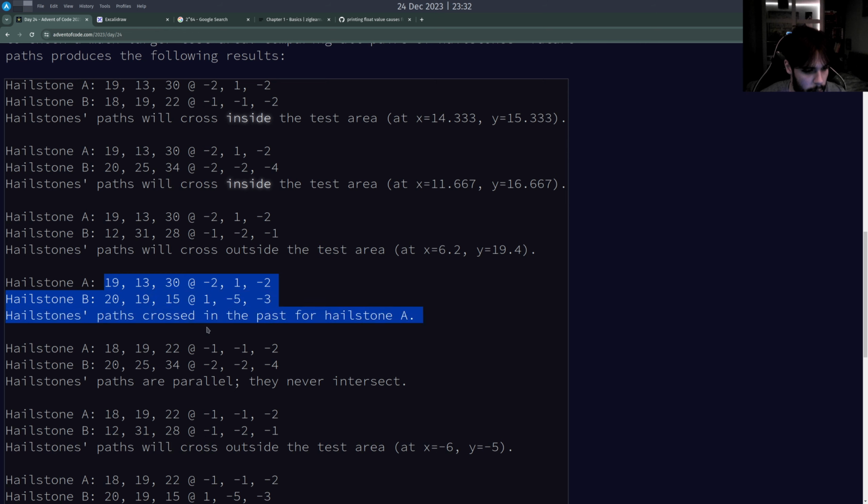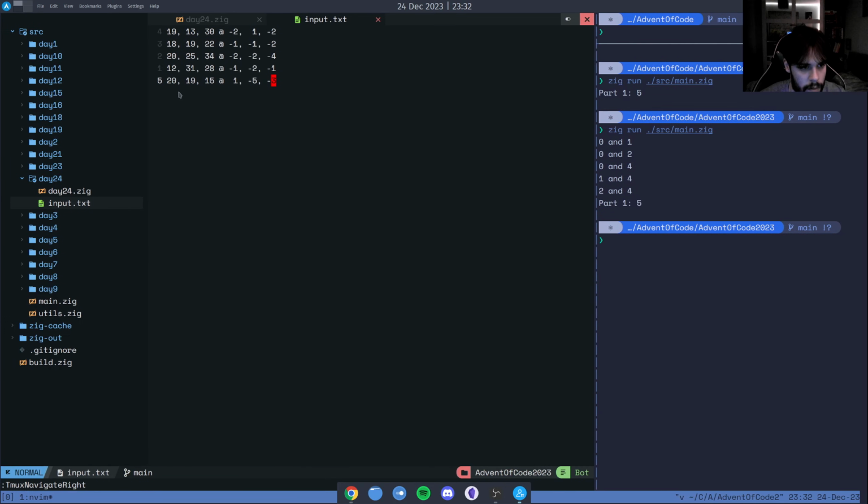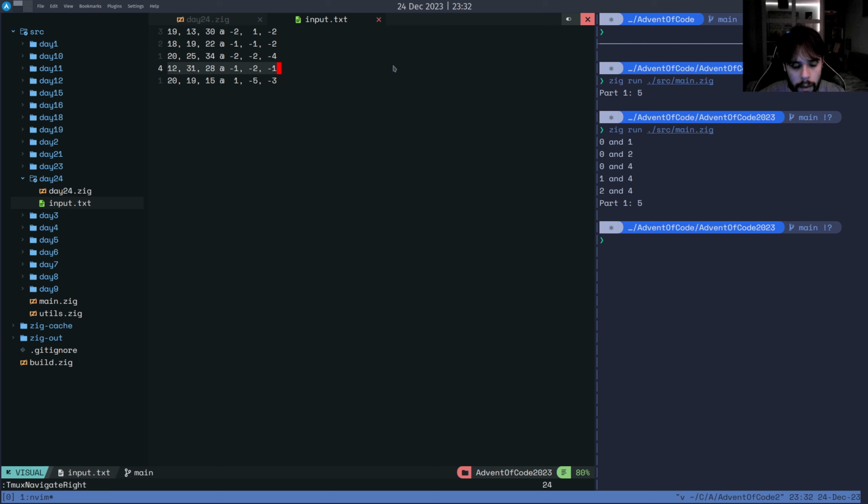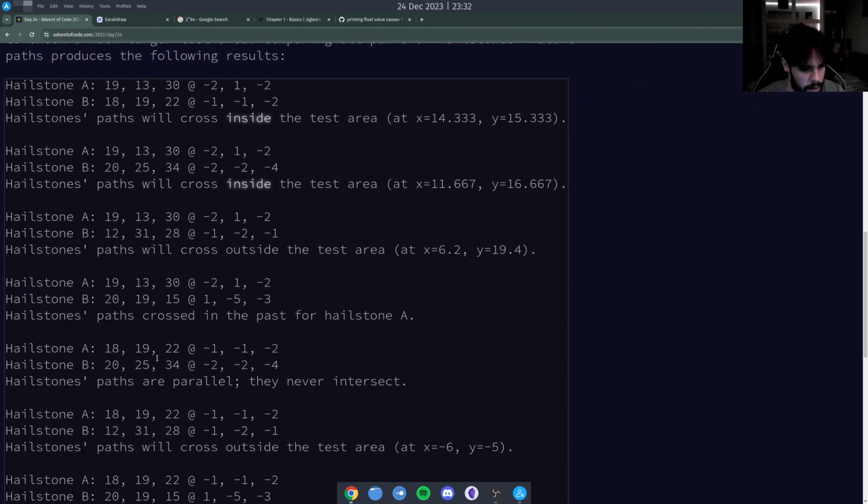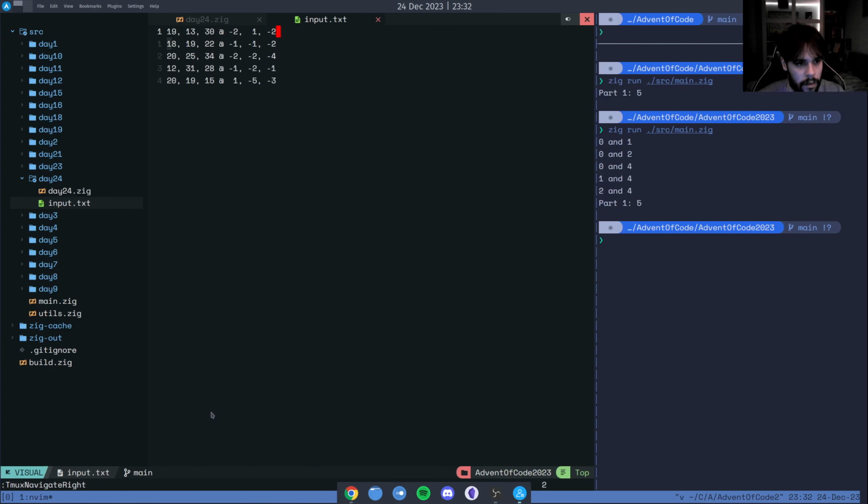And 1 crosses with 12. 1 and 4. Wait, is that 4? 0, 1, 2, 3. No, that's. Oh, wait, we're missing this one? What is this? 12, 31.